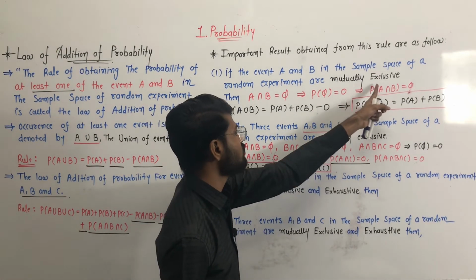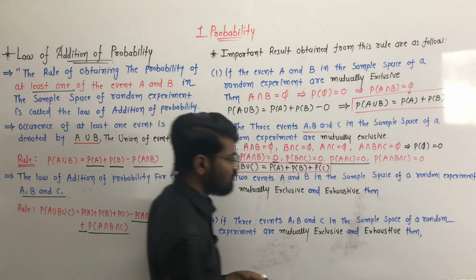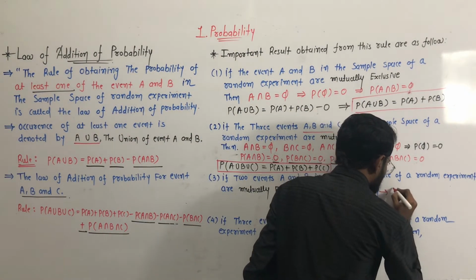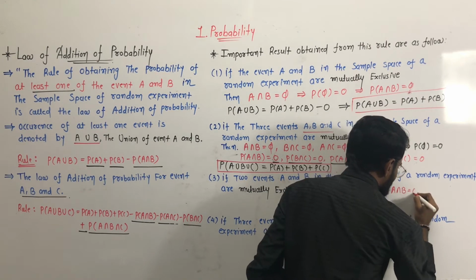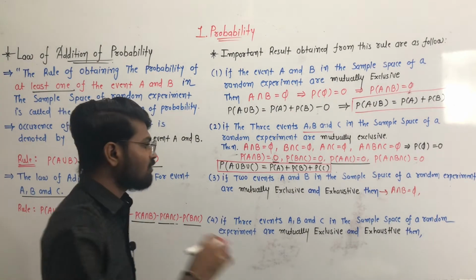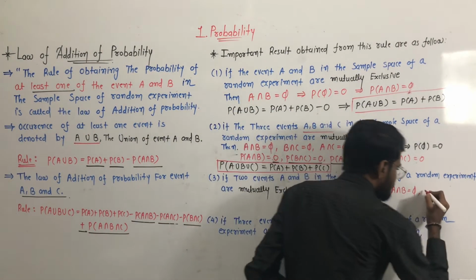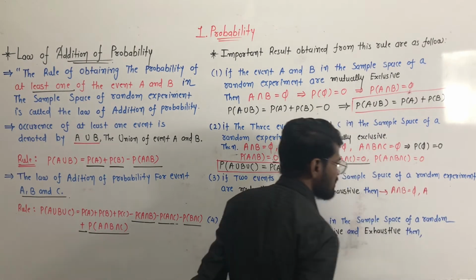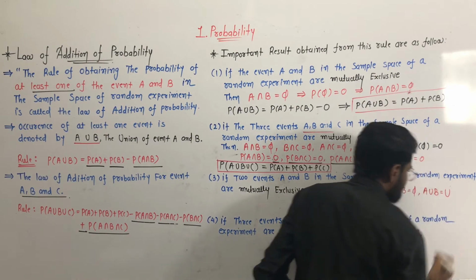The condition for mutually exclusive is that the intersection of events A and B is φ, so we can write that the intersection of events B and A is φ. And what is the condition for exhaustive? The condition for exhaustive is that the union of events A and B is equal to our sample space U.